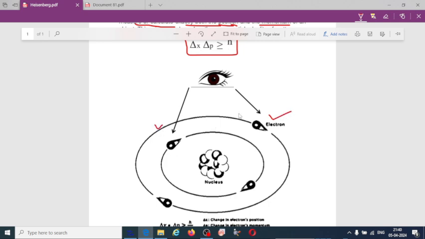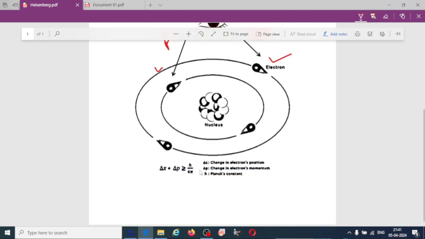So either he can predict position or momentum, both are quite impossible. With the help of the mathematical expression, we can represent it here. Delta x is the change in electron's position, delta p is the change in electron's momentum, and h is Planck's constant.